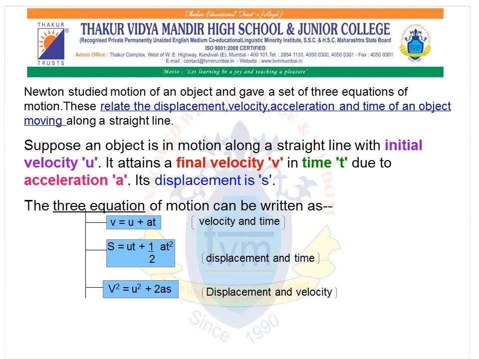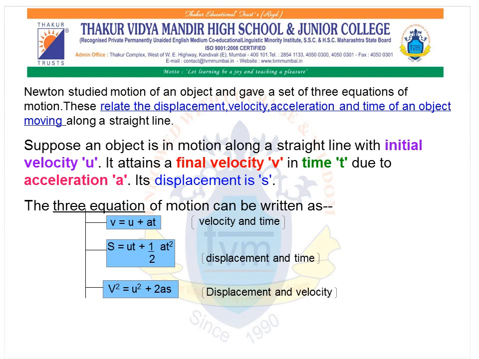These equations are also known as kinematic equations. Kinematics is a branch of mechanics that deals with pure motion without reference to the masses or forces involved in it. Anyway, you can just remember the term equations of motion. So let's see how it goes.